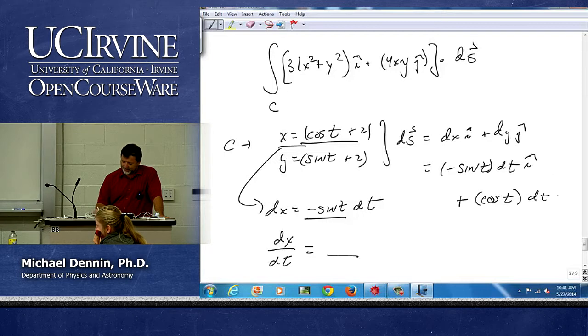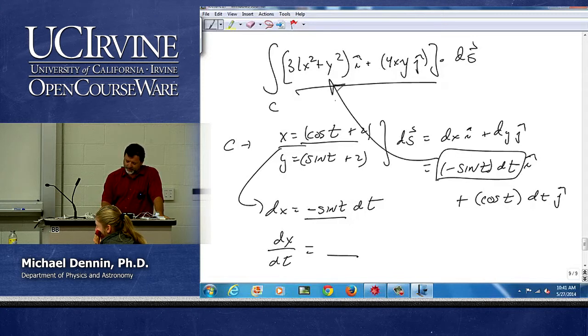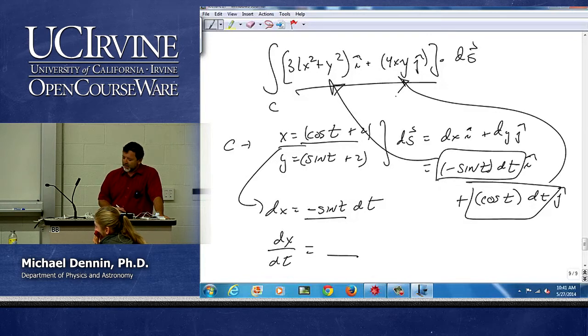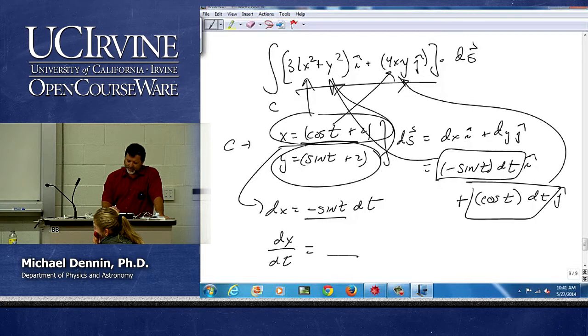So that's the i hat, that's the j hat. So then when I do the dot product, this piece goes there, this piece goes there, and I've turned my integral into an integral over t, and so now I need to plug in that for x and that for y.